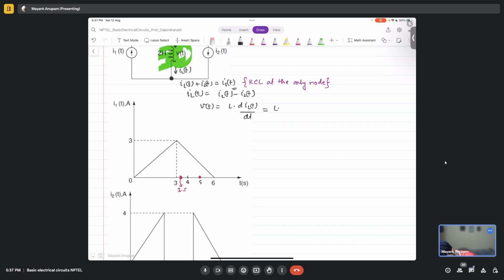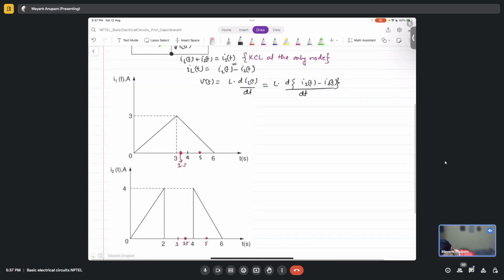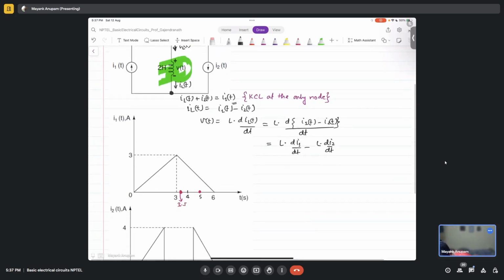L times d of I1 of t minus I2 of t by dt, which will be L times di1 by dt minus L times di2 by dt, right? Yes.